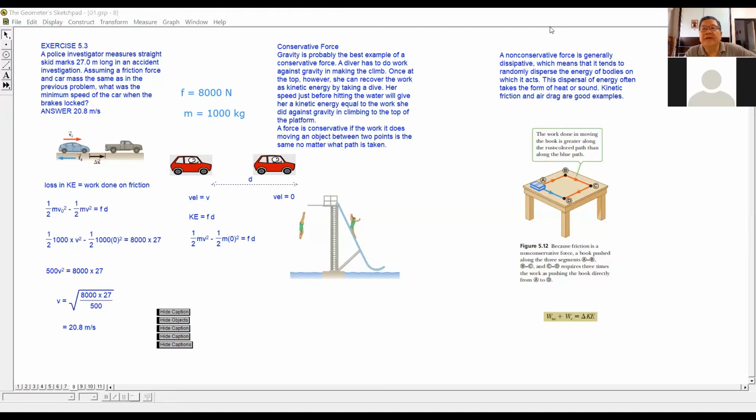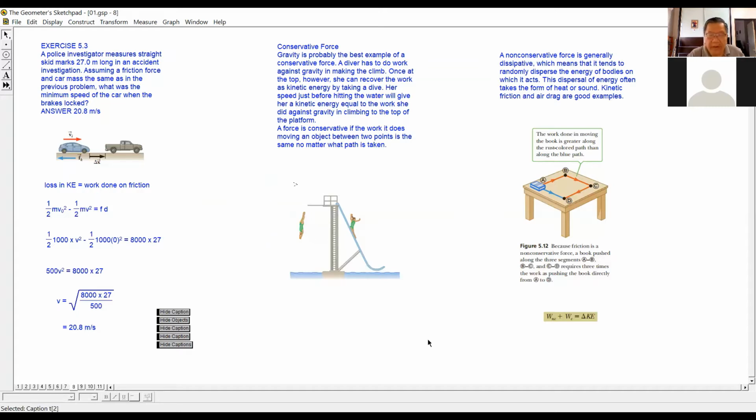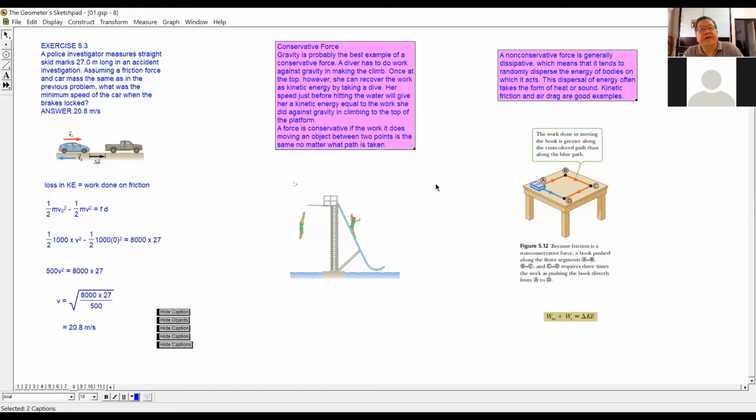Okay. So next we are going to look at what they call the conservative force and non-conservative force. Now, a conservative force doesn't involve the frictional force, right?